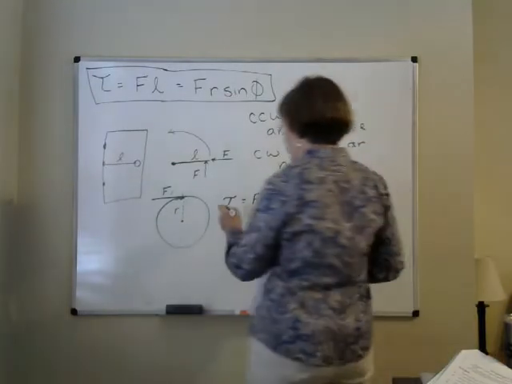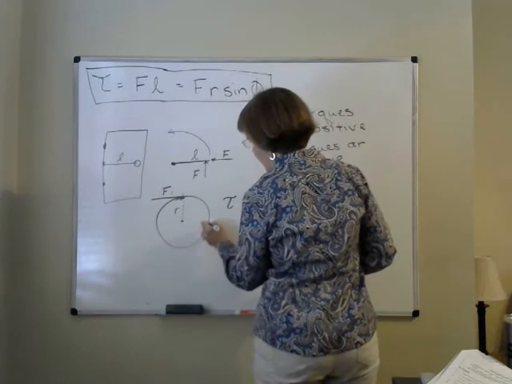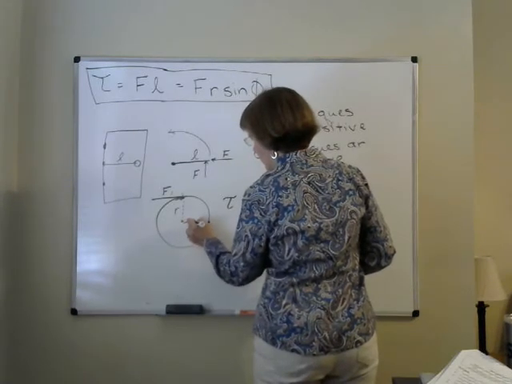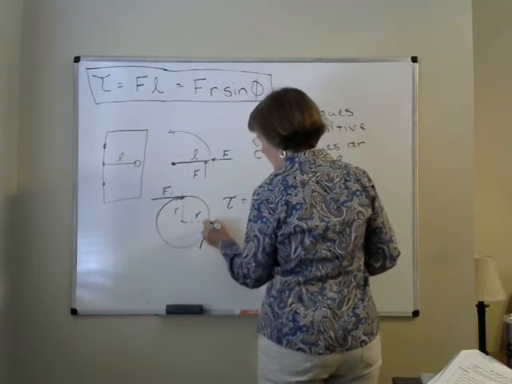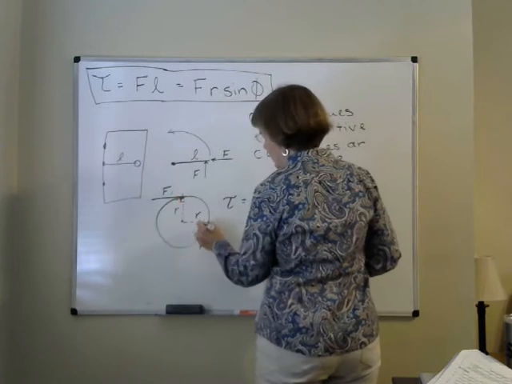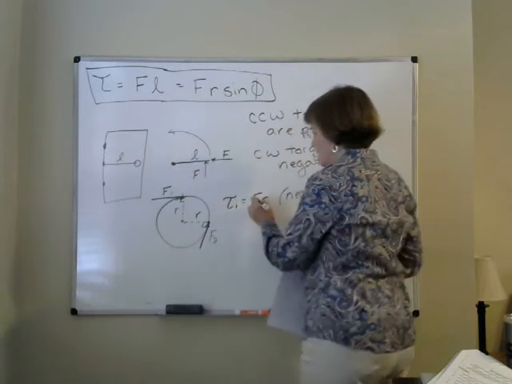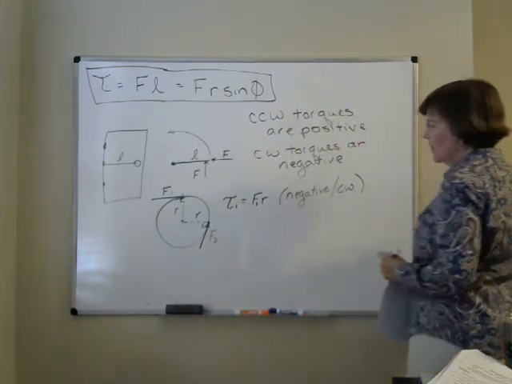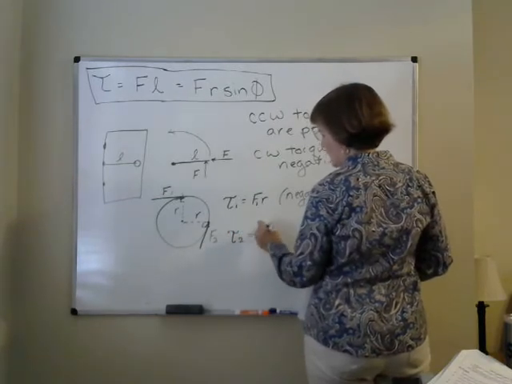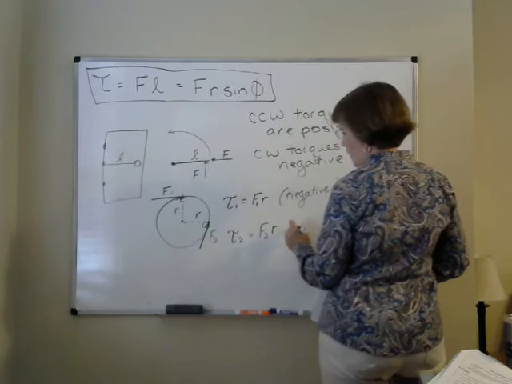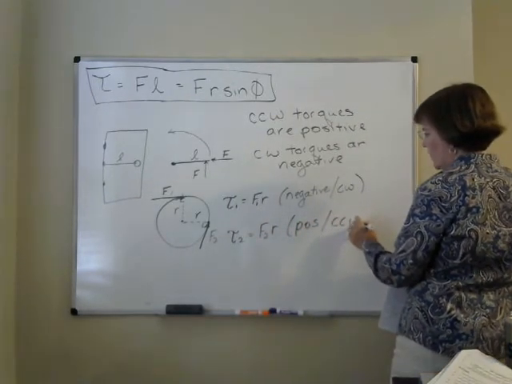On the other hand, if I applied some force down here or over here, let's put it right here. Also, a distance r, make those two perpendicular. That right angle just means we're getting maximum torque. If that first torque caused a clockwise rotation, a torque here would be a positive because it would make it want to rotate counterclockwise.